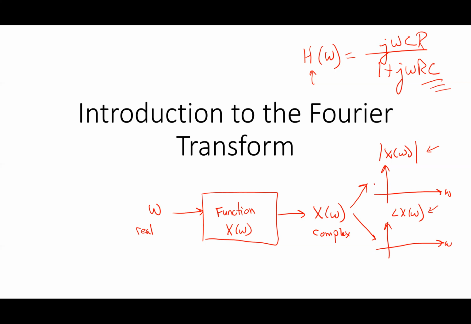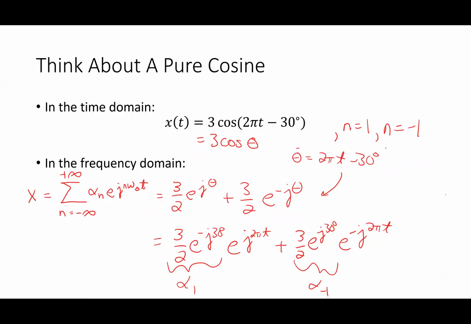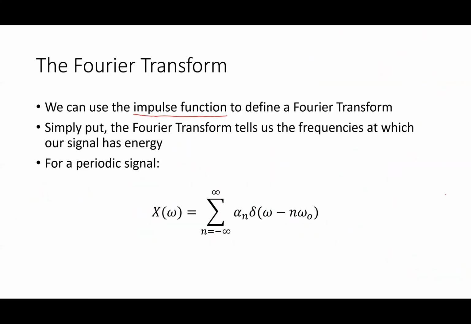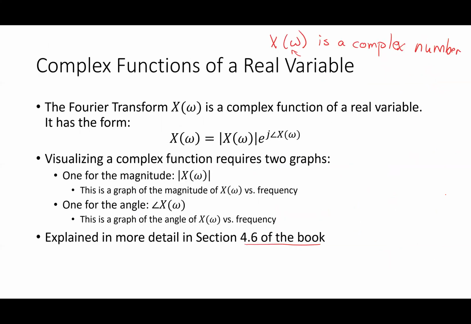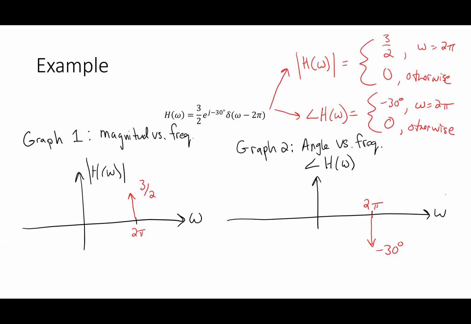All right, so we talked about that the other day. This was the idea, complex functions of a real variable. So we said I have to make one graph for the magnitude, one for the angle. Want to know more about that? Section 4.6 talks about that as a general thing.